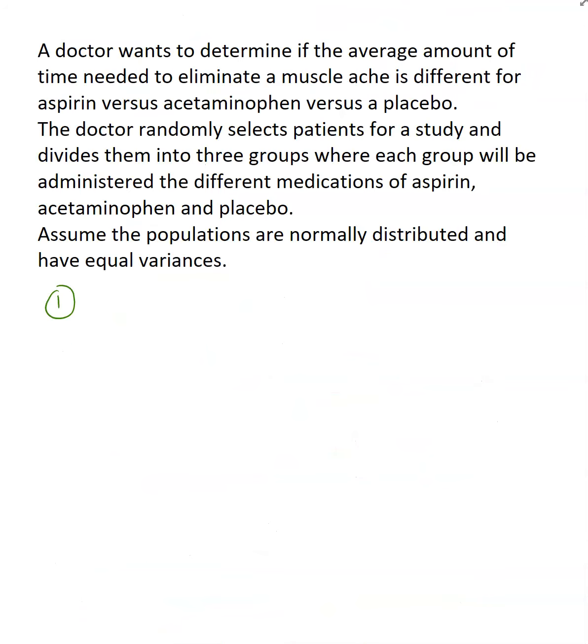So we'll see, is that condition met? The populations are normally distributed. That's good. So we know that normal distribution is assured. The question already tells us that they assume that these are coming from normal distributions.